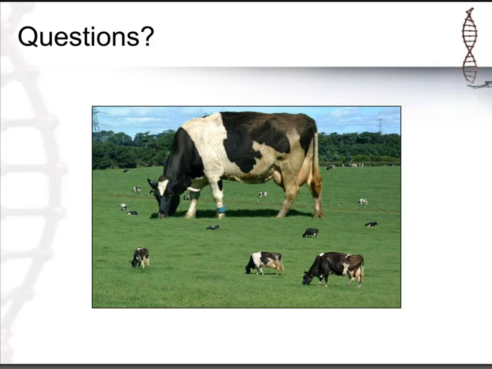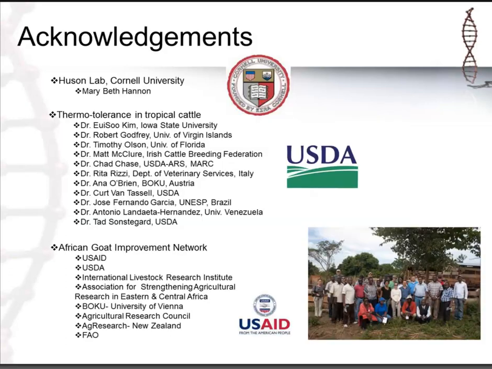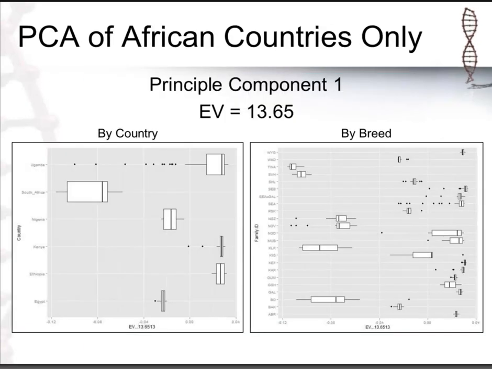Let me try to go backwards to the PCA. One question was about not quite understanding these two slides. The idea is the difference between the two slides that are here. They are the same data set, so the exact same animals are being analyzed, and the PCA values for individual animals are the same.